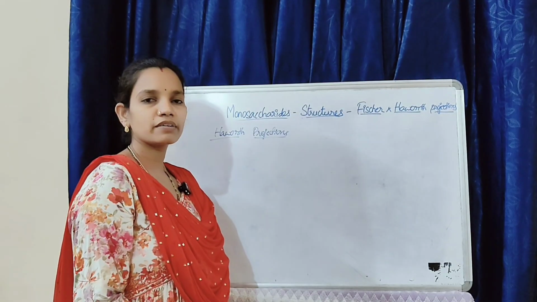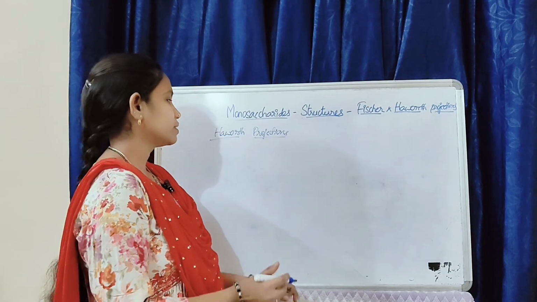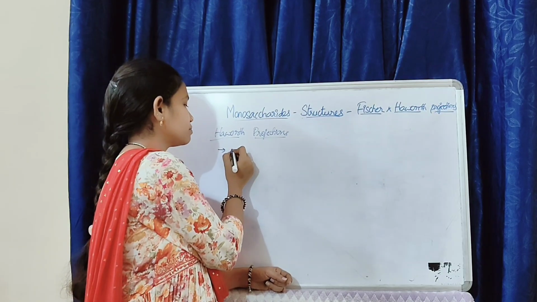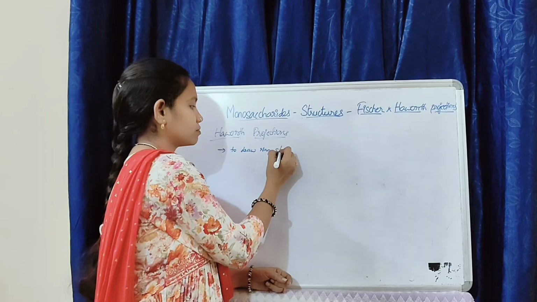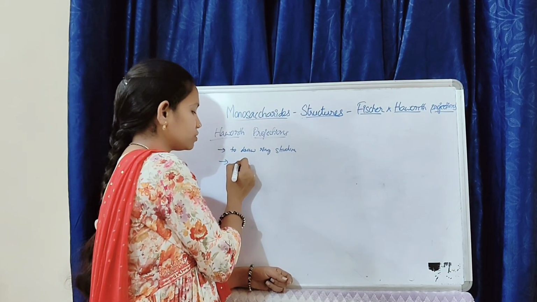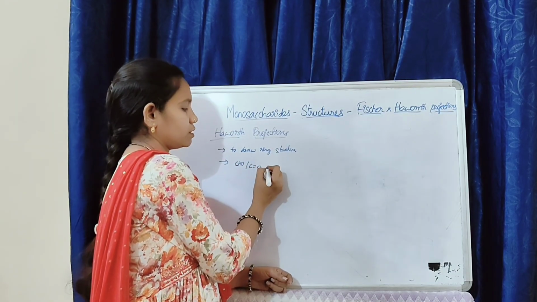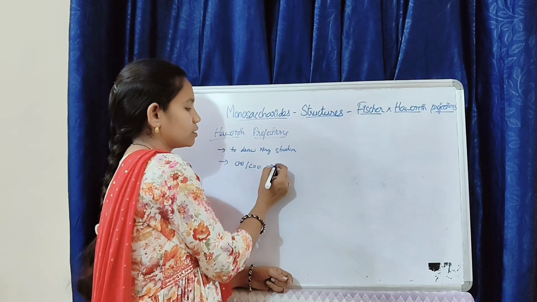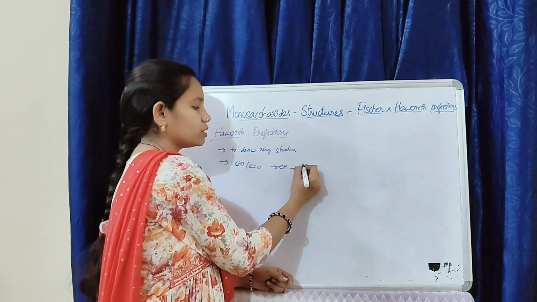Now let's learn about Haworth projections. Monosaccharides exist in the cyclic form in aqueous solutions, and this is shown by Haworth projections. This is a simple way to draw ring structures. The carbonyl group, whether an aldehyde or keto group, will react with a hydroxyl group to form what?